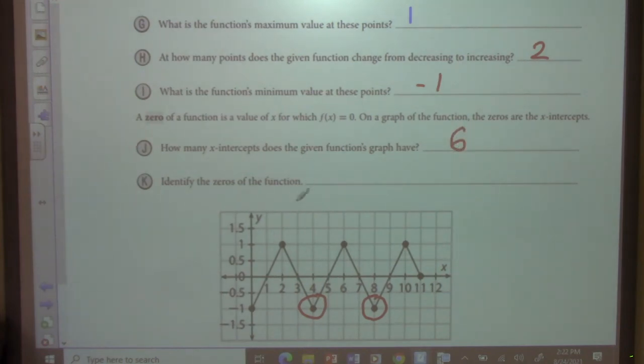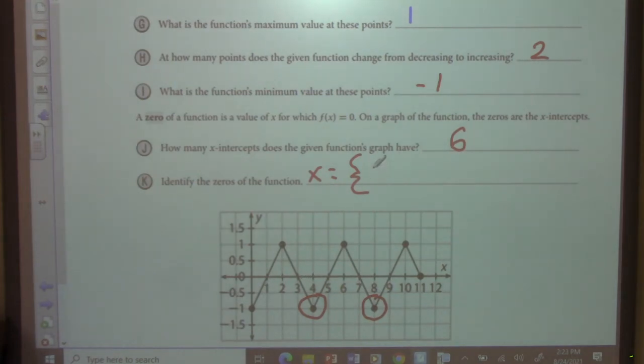And identify the zeros of the function. We've talked about different types of notation, but this is a function. When you're asked for values like this, set notation really comes in handy. Because you can just write down what the x values are, right?